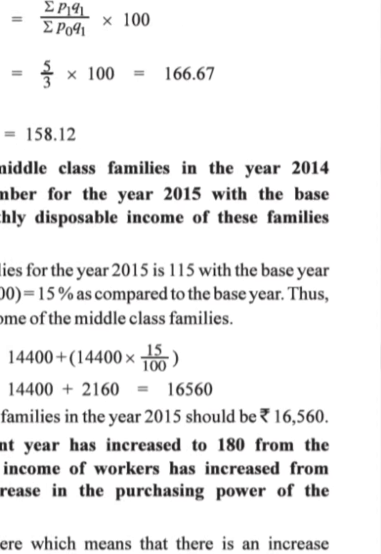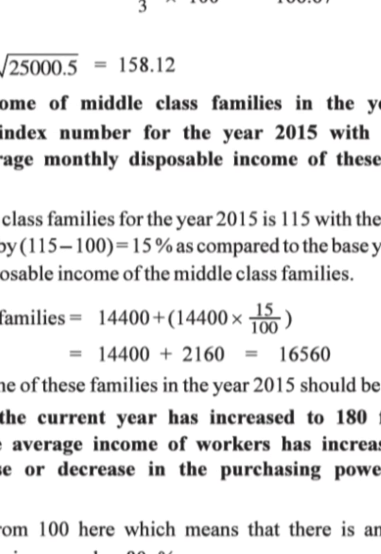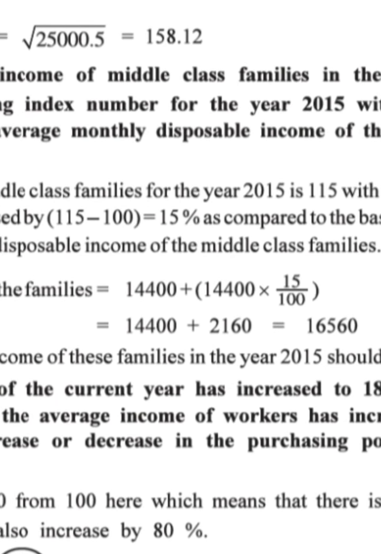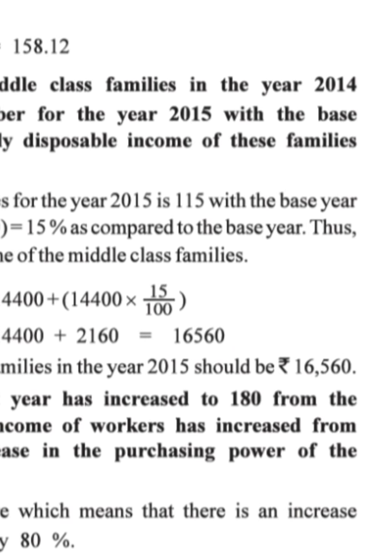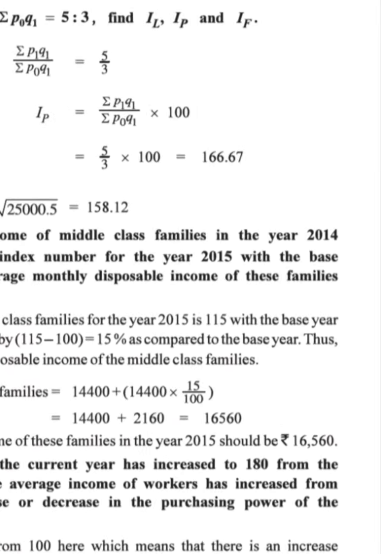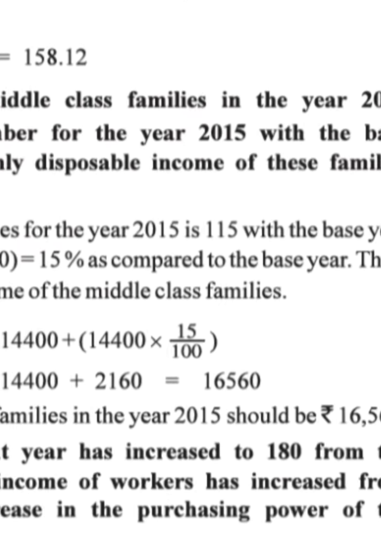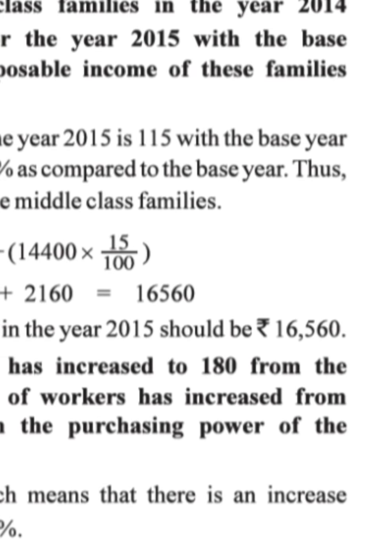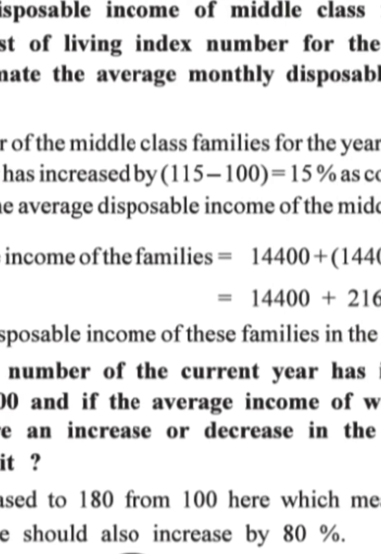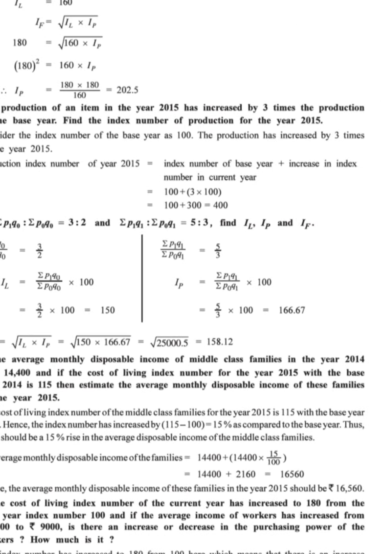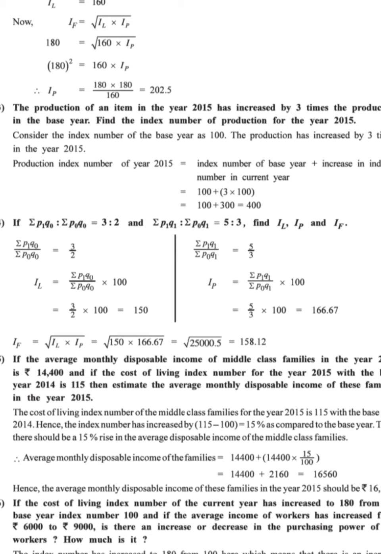So you would find that the family whose average disposable income in the base year was 14,400, in the current year, that is 2015, the average disposable income should be 16,560.